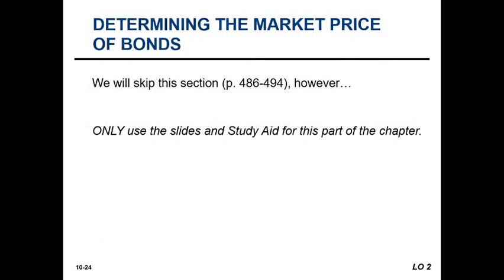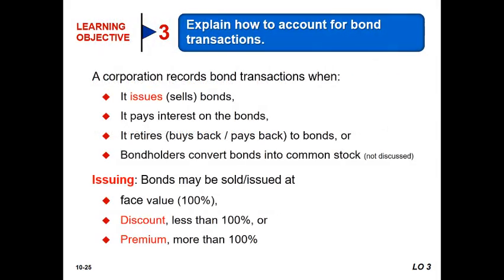We're actually going to skip this general section talking about determining the market price of bonds and move on to talk about how to account for various bond transactions. A corporation records their bond transactions when it actually issues or sells the bonds.